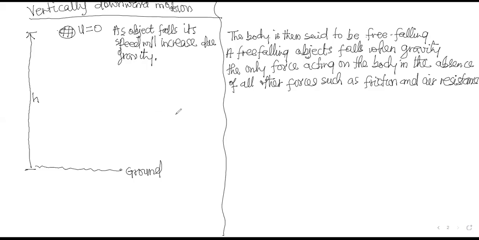So when a body is dropped from a height to fall to the ground, the body can be free falling. When the body falls freely, its initial velocity is equal to 0.